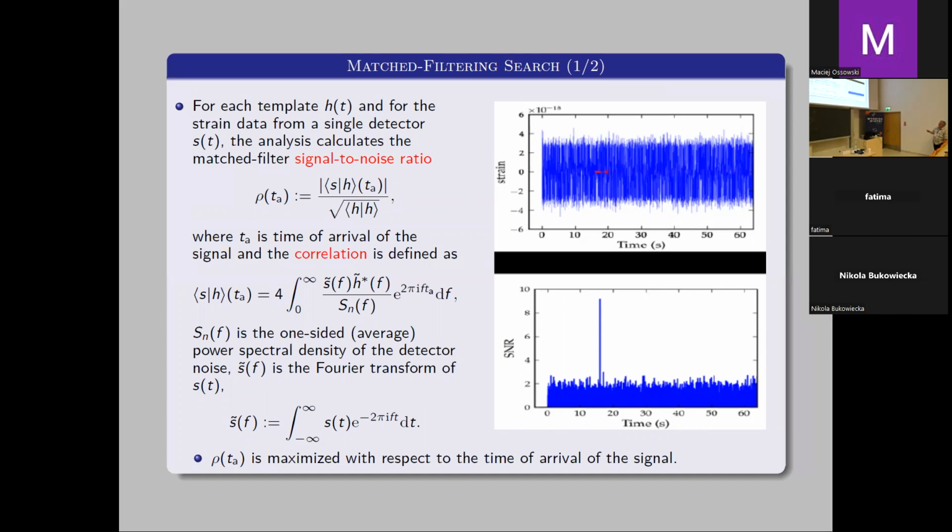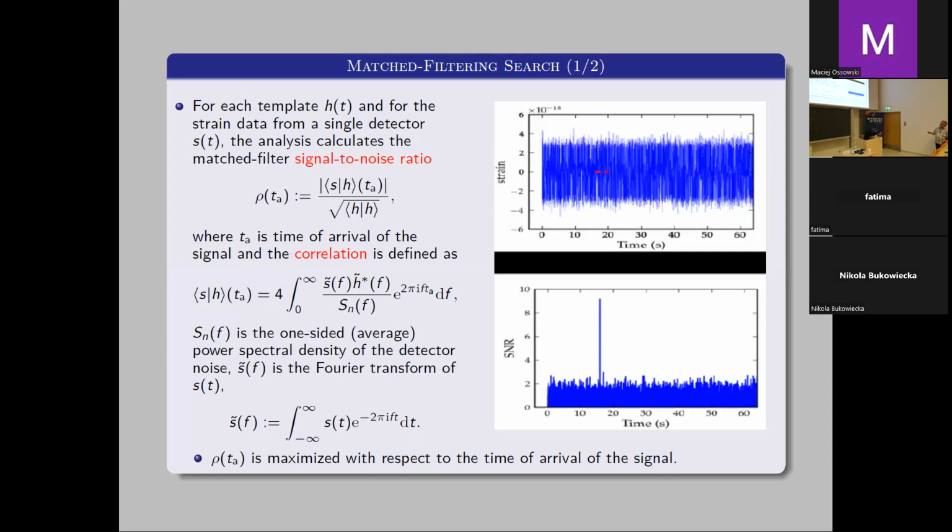This is the theoretically predicted response function of the detector to gravitational waves coming from the coalescence of compact binary objects. And then we have the data s of t. Here the statistic is the so-called signal-to-noise ratio, which is given by this formula, where this inner product is just the correlation, but this correlation is defined in the frequency domain.